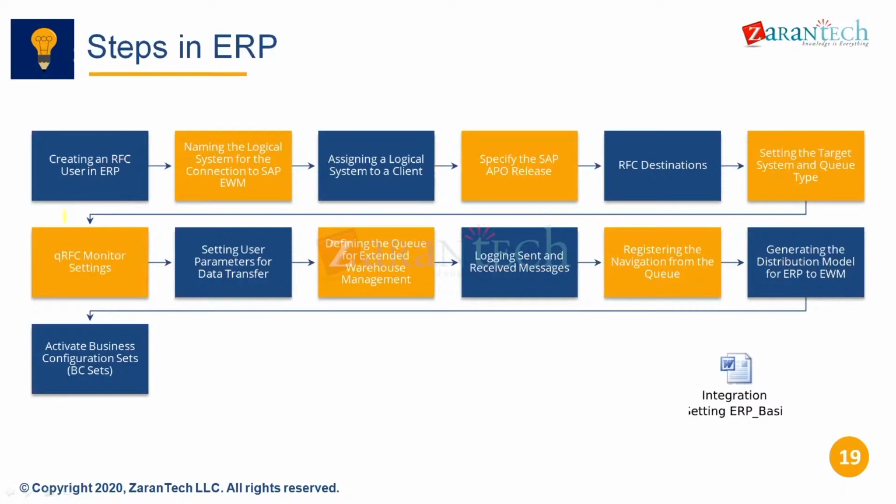There are also some BC sets recommended by SAP to activate as part of these basis settings. I don't want to label that these are the settings to always do and follow this document, because things keep on changing.